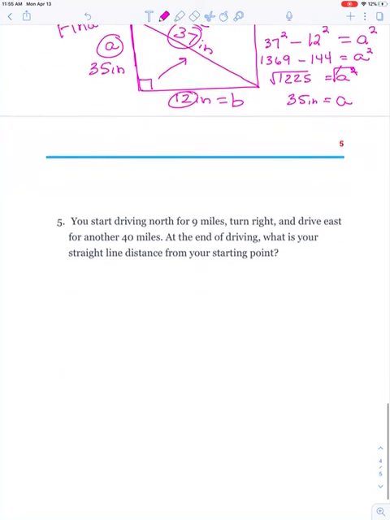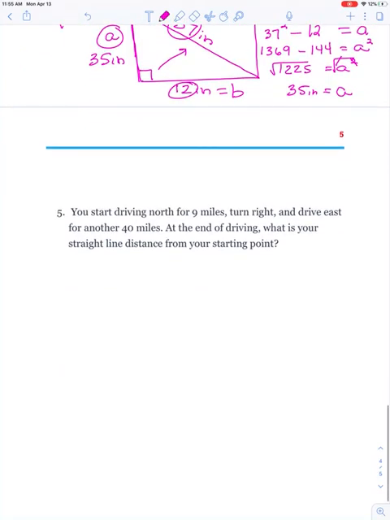All right, one last example. All right, and I really like these. You start driving north for 9 miles, turn right, and drive east for another 40 miles. At the end of driving, what is your straight line distance from your starting point? So you need to give yourself a starting point. All right, so here's where I'm starting from, and I went north 9 miles.